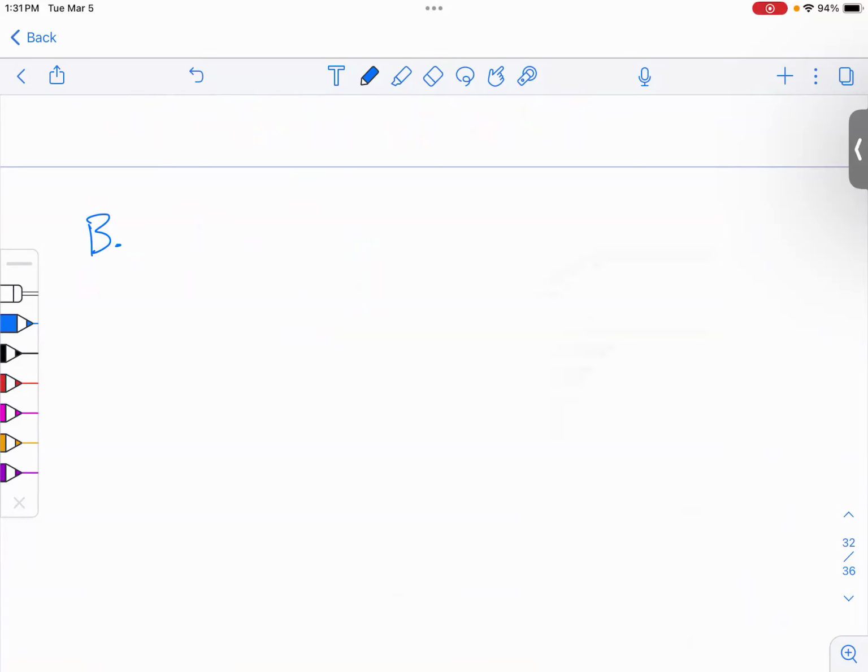What did that say? Sine. Doing this in reverse.